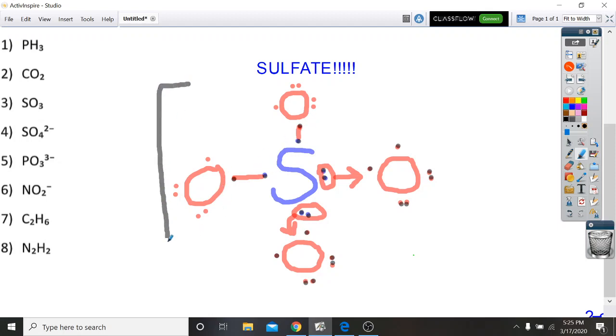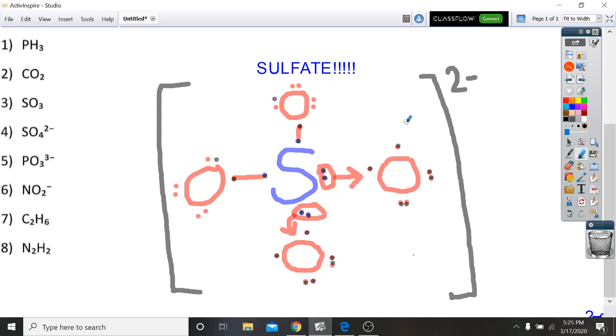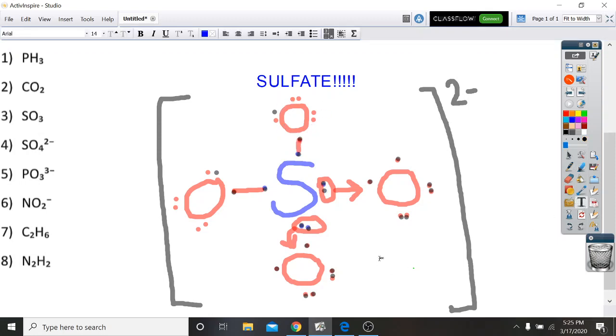However, remember, this is a polyatomic ion, so we're going to draw brackets, put a 2 minus, and we're going to add in the electron wherever it's needed. So 1 here and 1 there. That means we have 8 now, 8. And so we have built this molecule with 2 coordinate bonds and 2 single bonds.